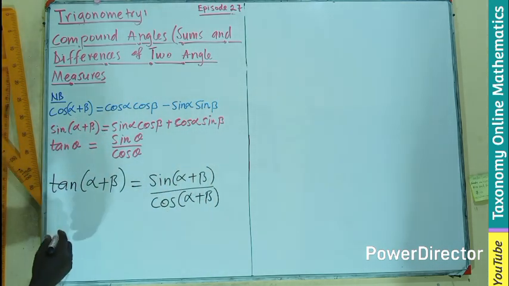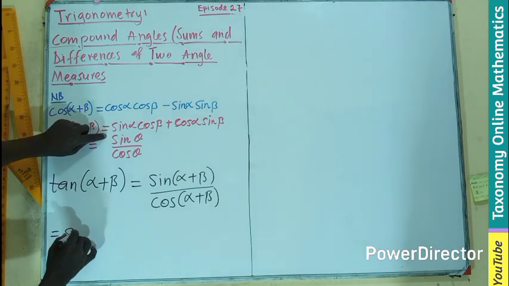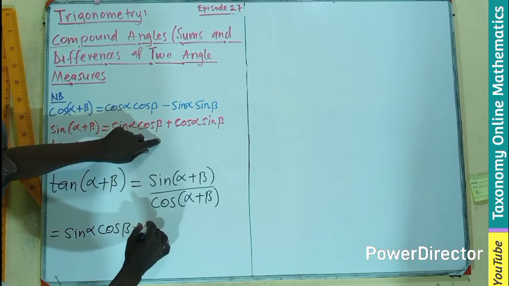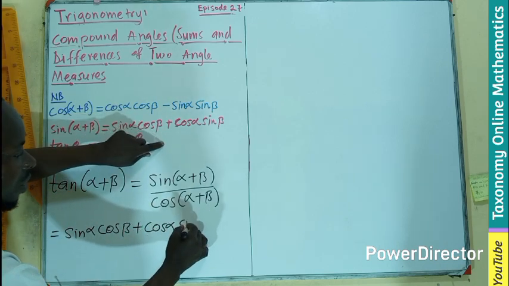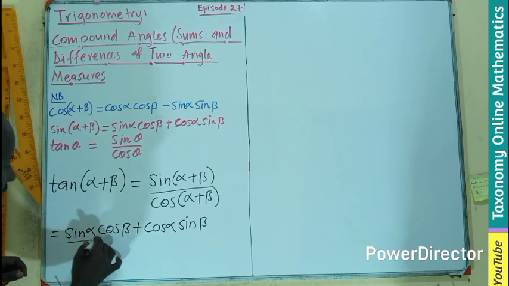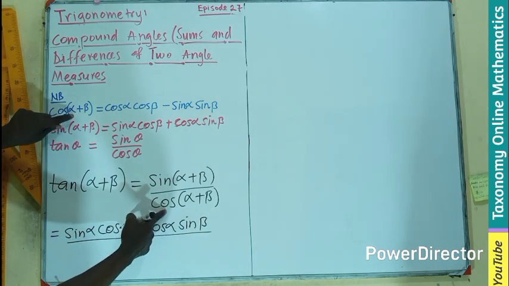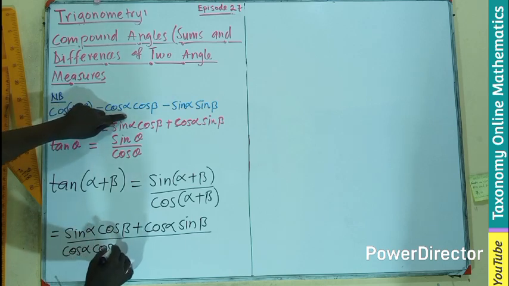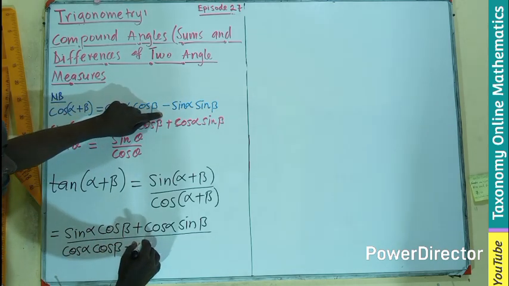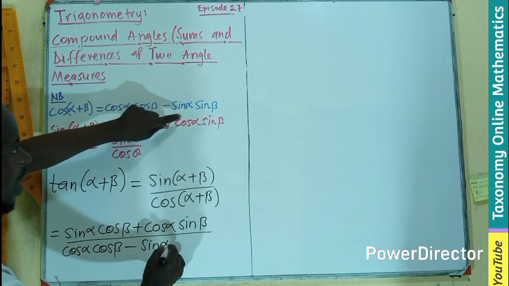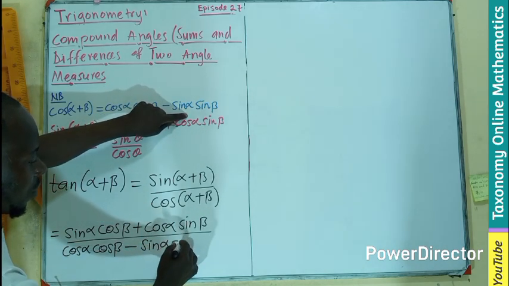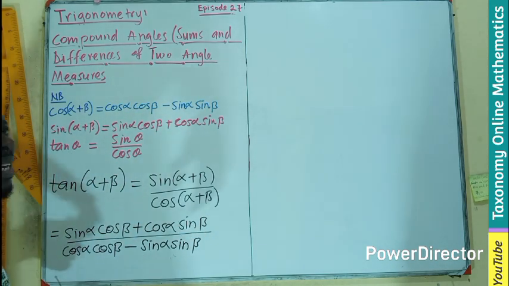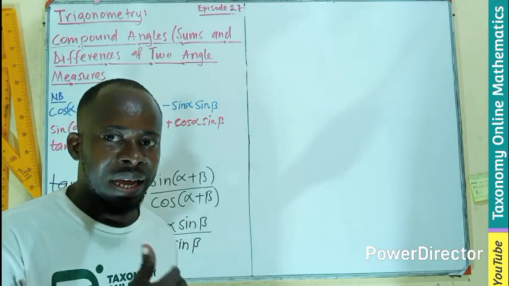So the top will now become sine alpha cos beta plus cos alpha sine beta, divided by cos alpha cos beta minus sine alpha sine beta. So all this is still representing the tan of alpha plus beta.